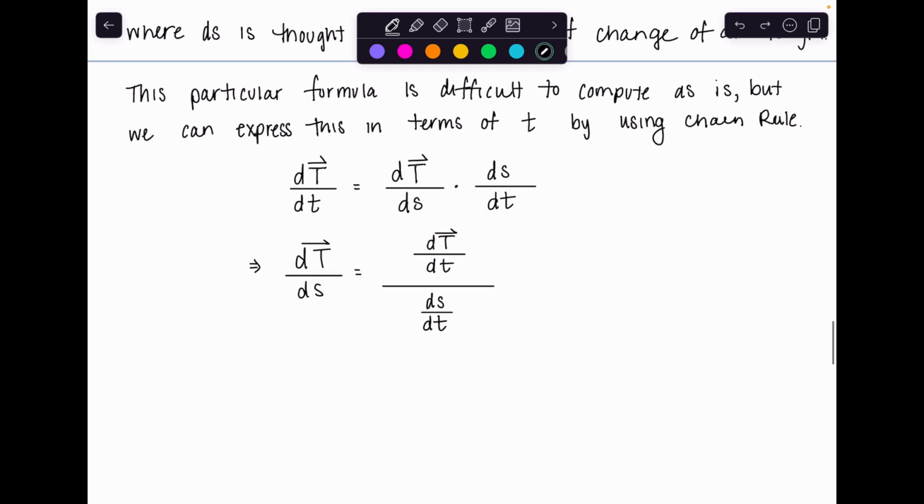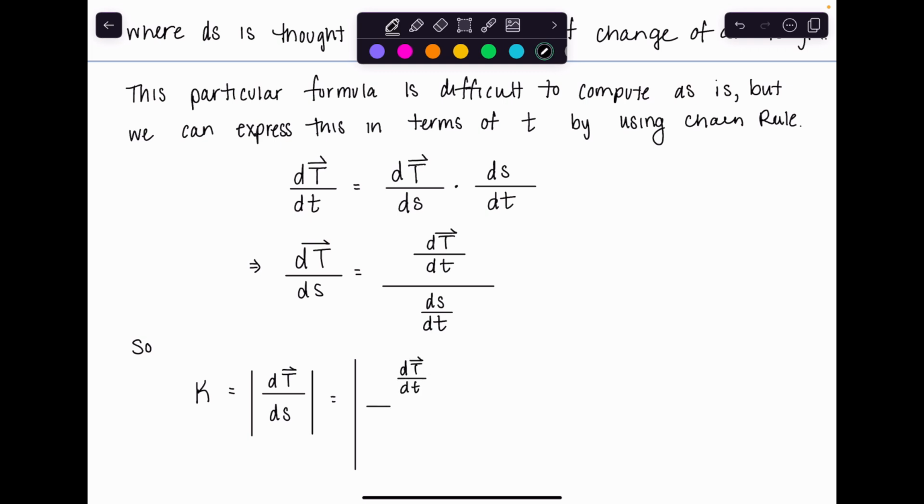So in general, our curvature kappa is the magnitude of dT over ds, which we've rewritten as dT over dt divided by ds over dt.